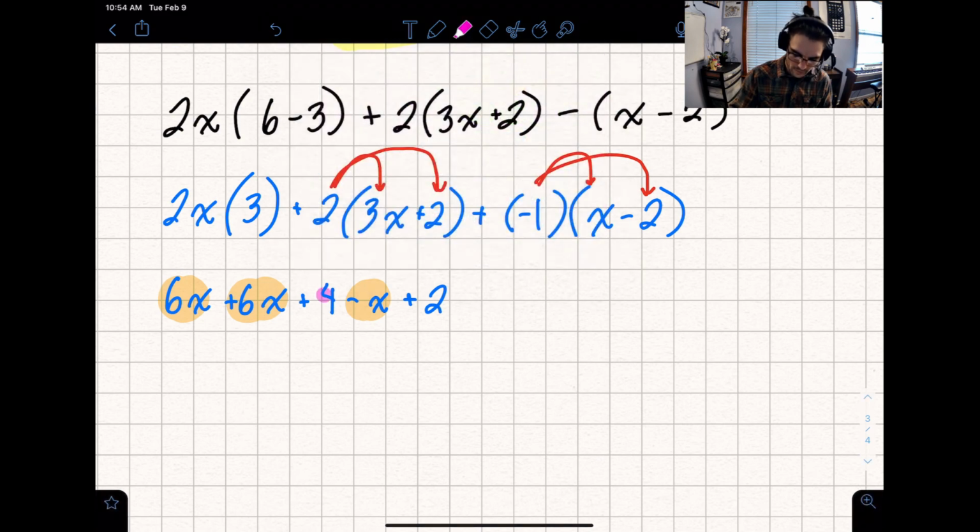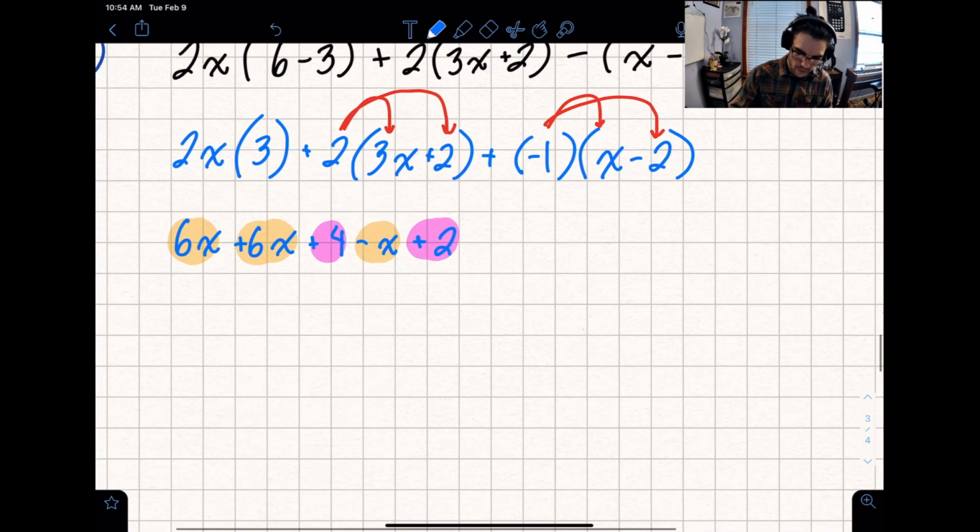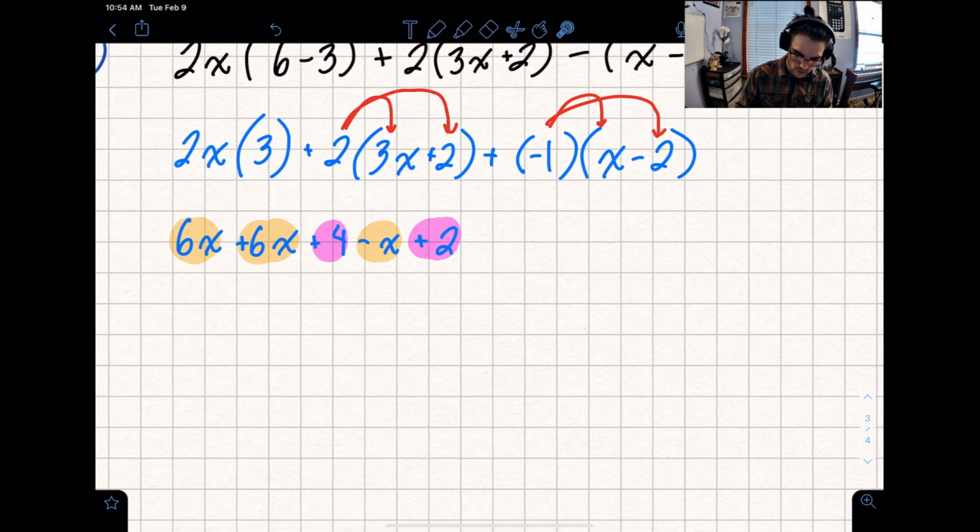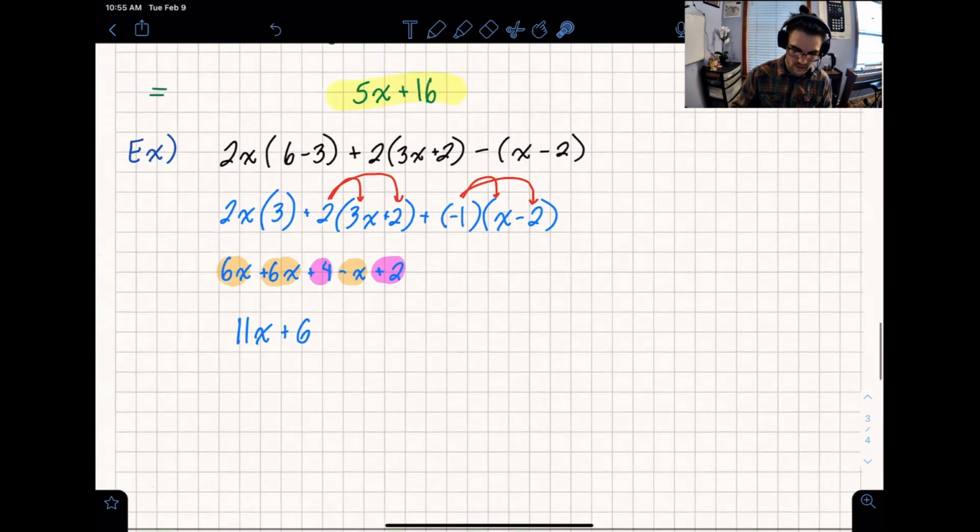And then we have 4 and 2. Both constants, like terms, can be combined. So when we combine our x's, we have 6 plus 6 is 12. 12 minus 1 is 11. So we have 11x, and then 4 plus 2, 6. So this expression simplifies to 11x plus 6.